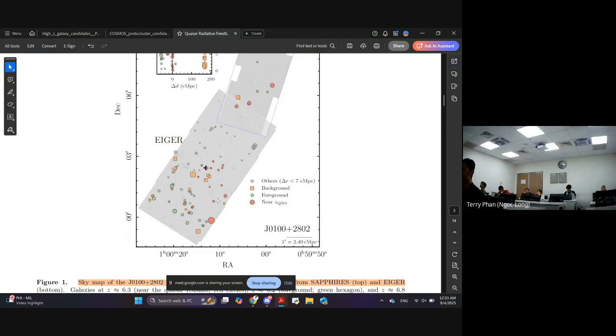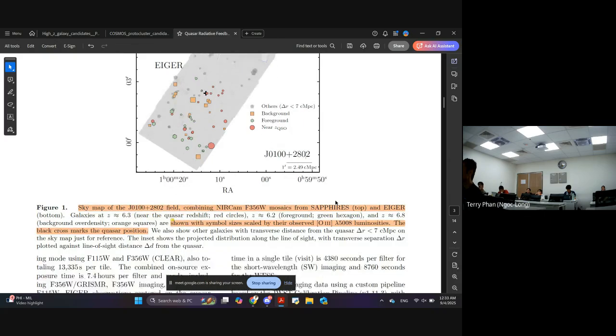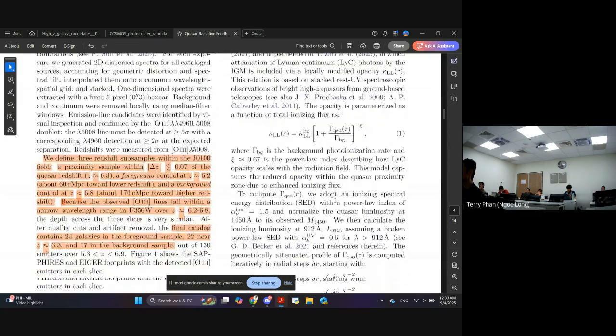They detected a bunch of galaxies that produce this O3 emission, in the background highlighted in orange, foreground in green, and some nearby in red.